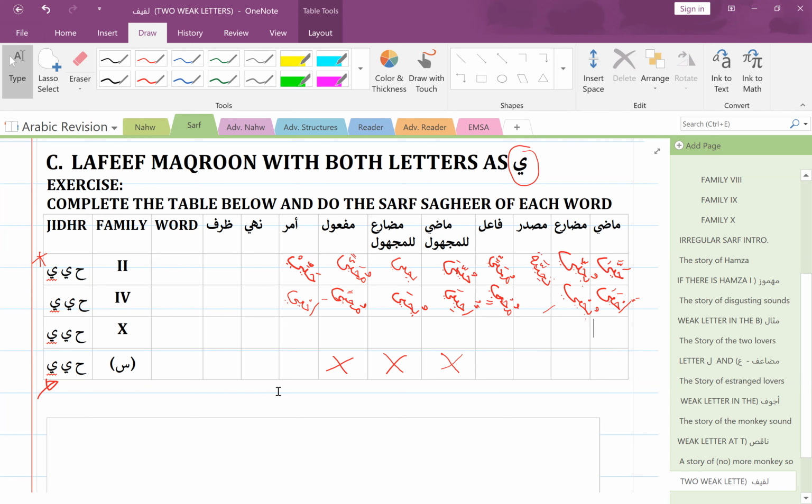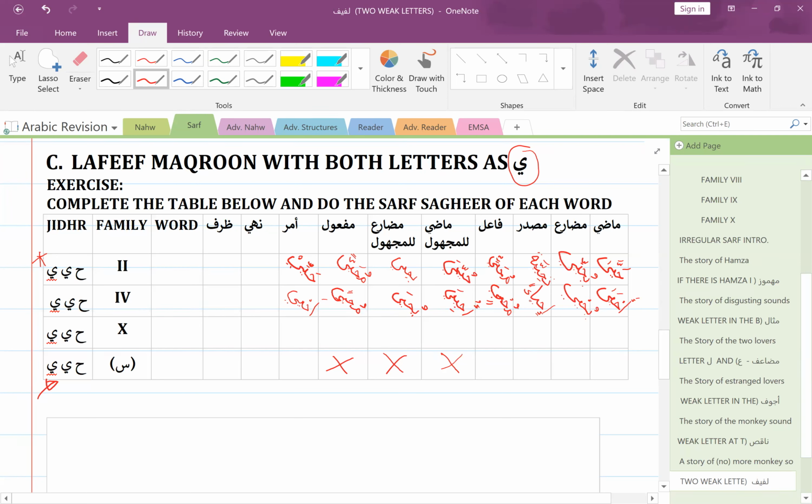فهو مستحي. الأمر منه. استحي. No, استحي. استغفر. استحي. لا. No, we have three here in mudaaf. Yes. استحي. استحيي.